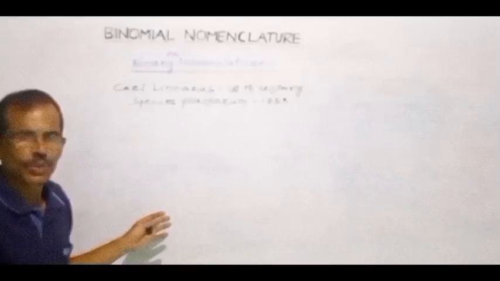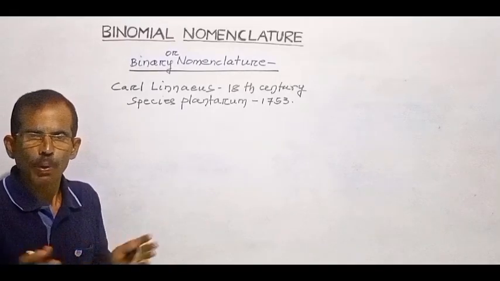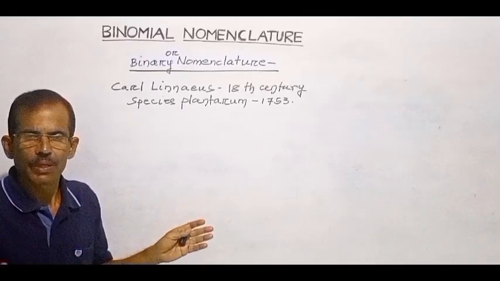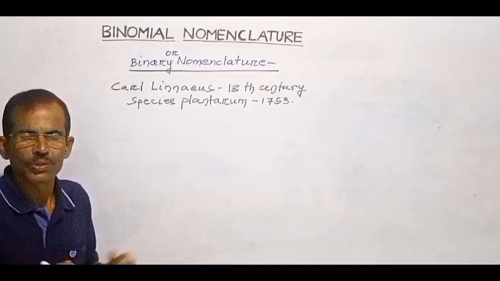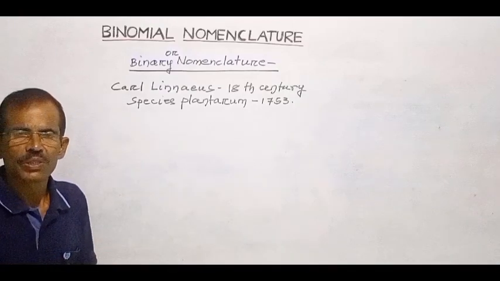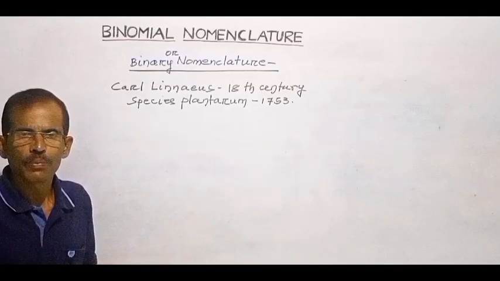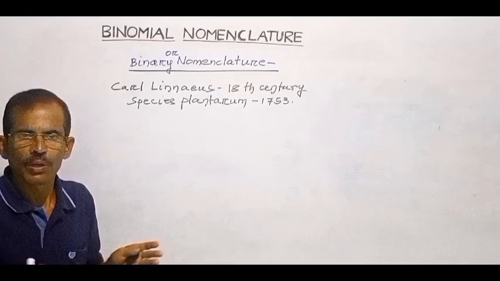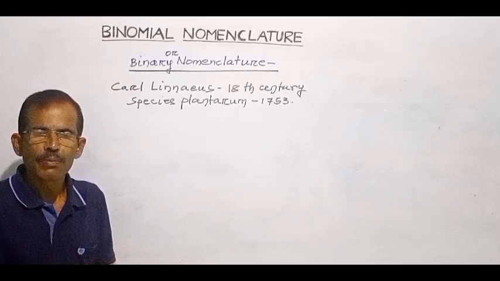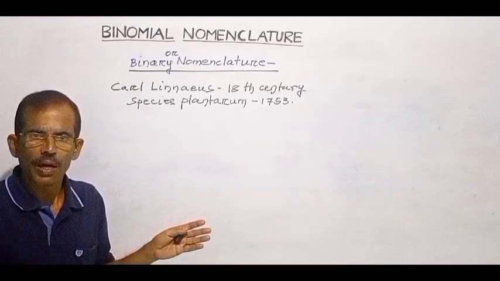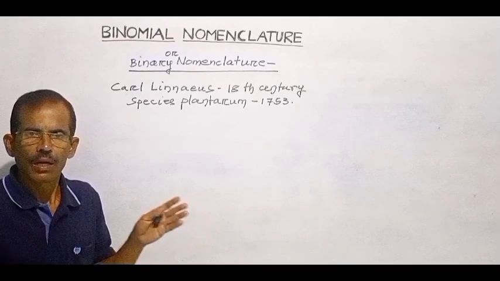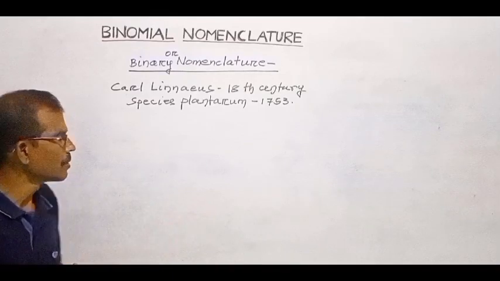Binomial nomenclature is a formal two-part scientific naming system according to which each species is given a unique name which must be binomial. The name which consists of two parts or two words is known as a binomial name.